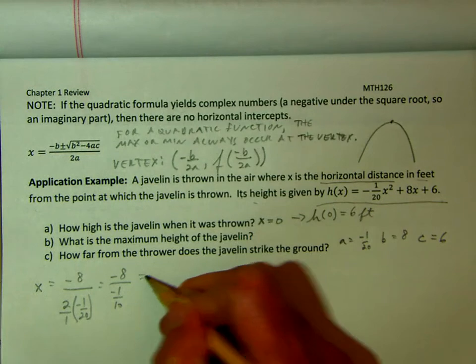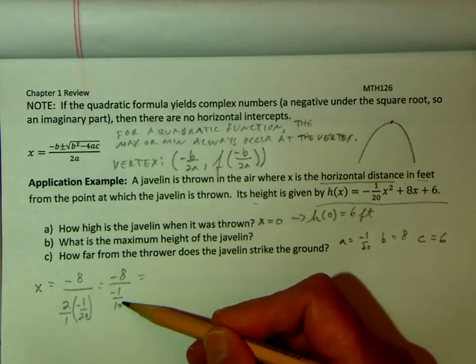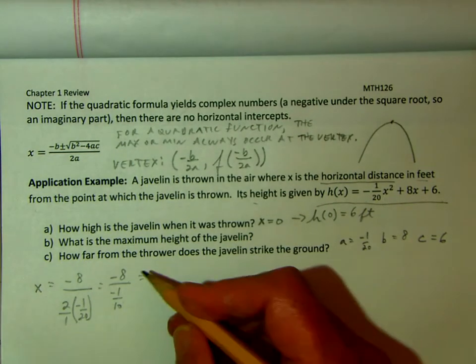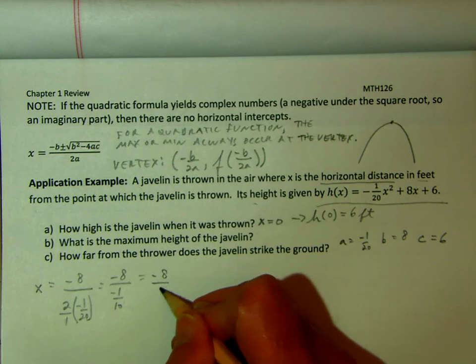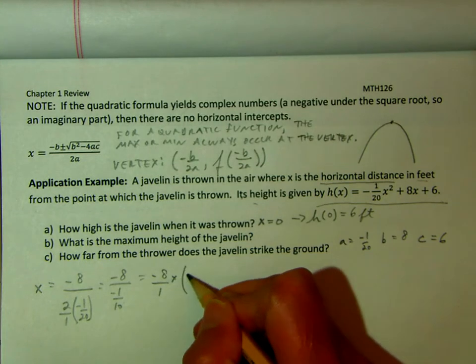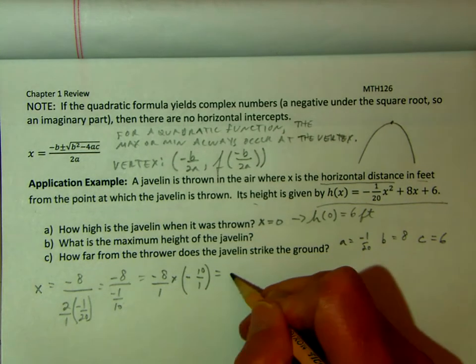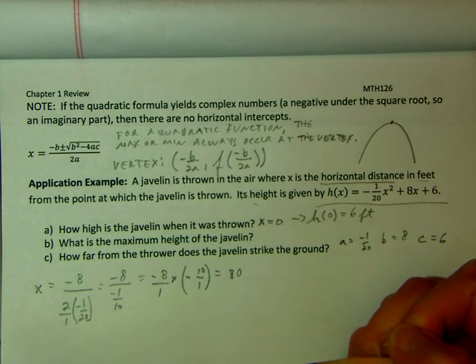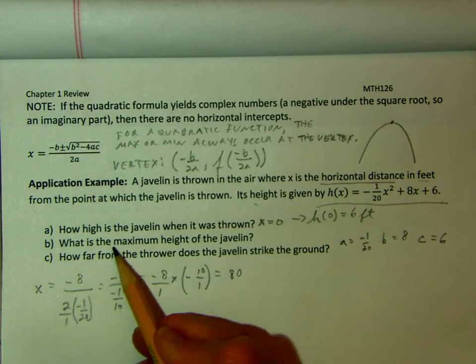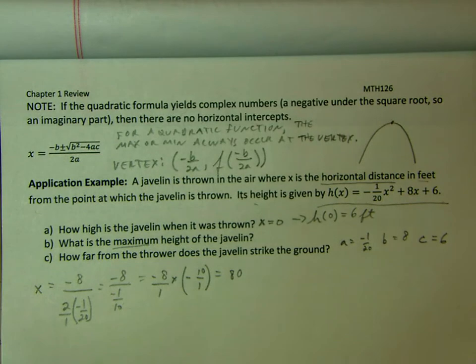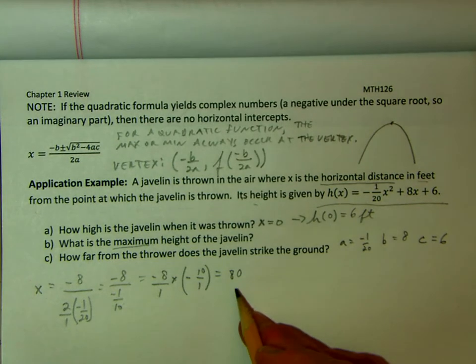And recall that when you're dividing by a fraction, that's the same as multiplying by the reciprocal. So our x-coordinate is going to be 80. So the maximum occurs where x is 80 feet from where it was thrown.